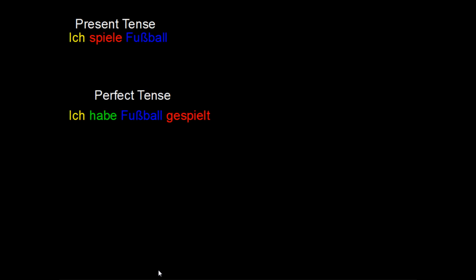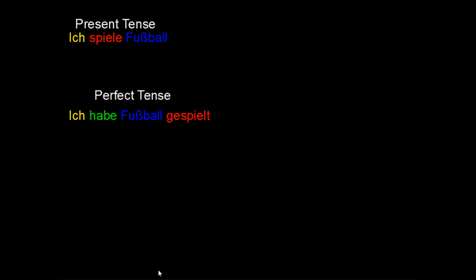Now, here is a present tense sentence. Ich spiele Fußball. So, how do we change it to the perfect tense? Let's just put that up to the top there for a moment. Here is the perfect tense. Ich habe Fußball gespielt. That is one way to use the past tense in German.